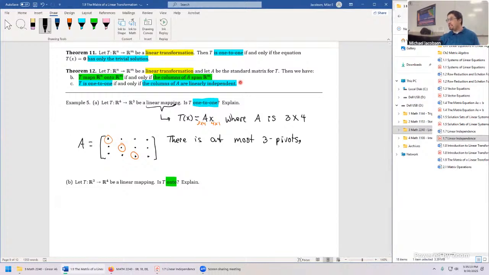The columns are linearly dependent, and A is not 1-to-1.